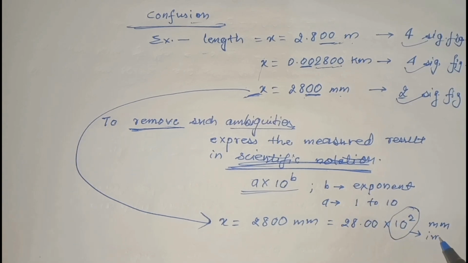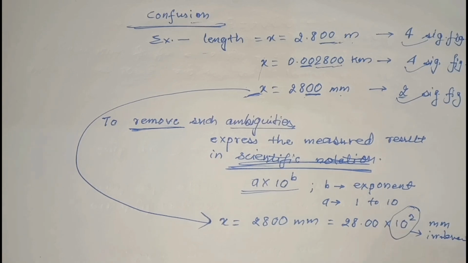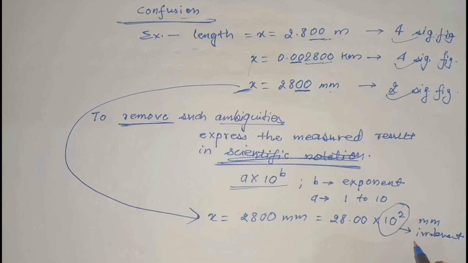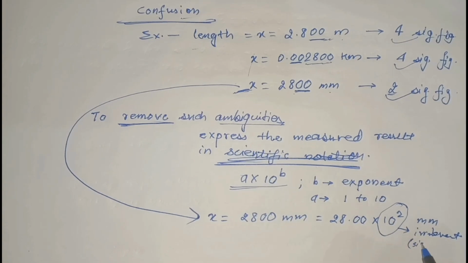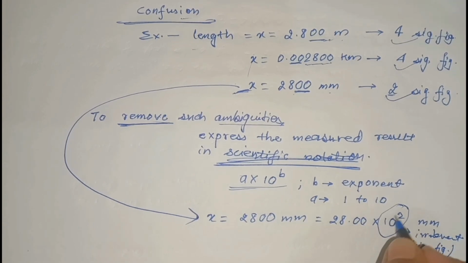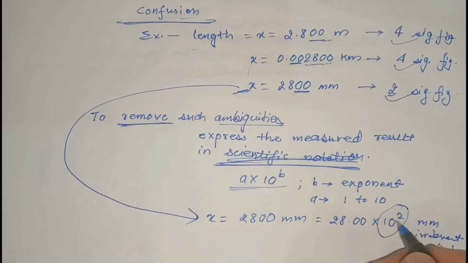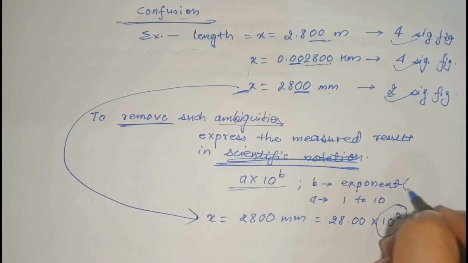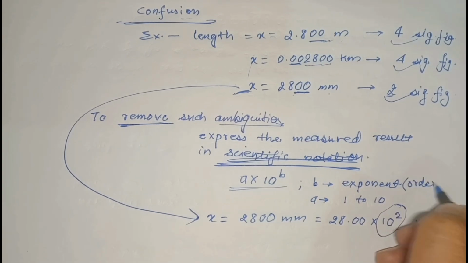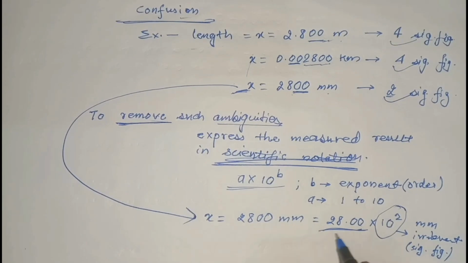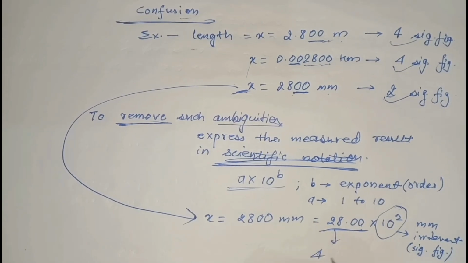Irrelevant in case of significant figures. There is no need to find the significant figures in the exponential form. You can write b as the exponent or order of magnitude. Here how many significant figures? 4 significant figures.